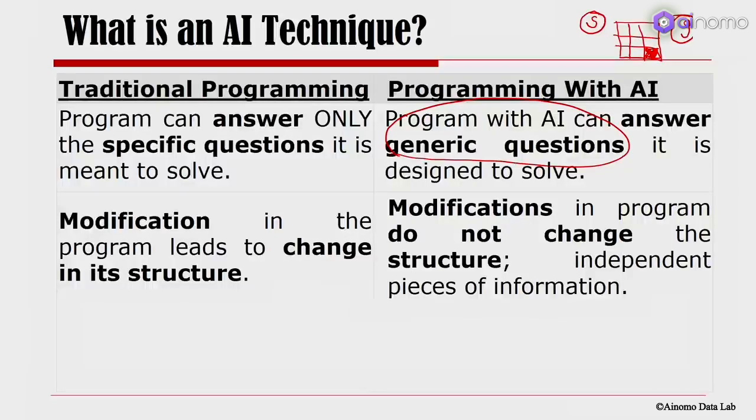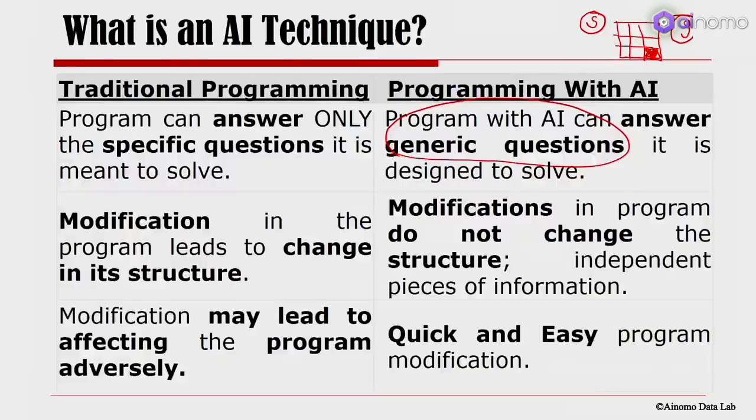This is because, as we will look at the paradigm of programming called production systems, which captures the essence of AI systems, it is made up of independent pieces of information. The rules, facts, the reasoning, and the control are completely distinct elements. Therefore, modifications in one of them do not change the other or do not change the structure of the program.